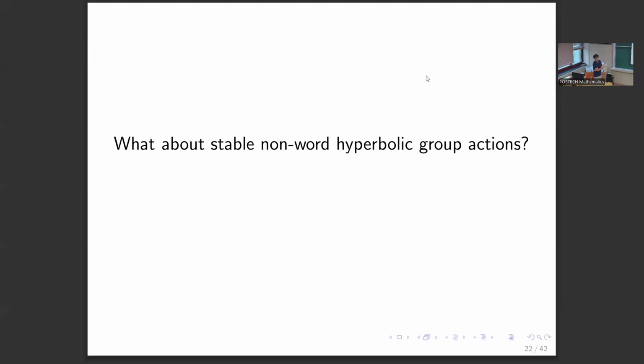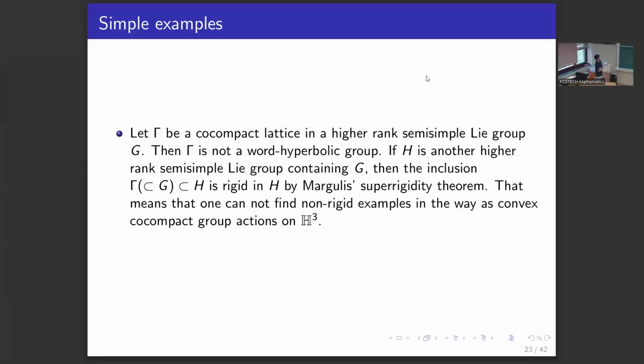Let's extend this story from the word hyperbolic group to the non-word hyperbolic. But this is not easy because, as I told you, a non-word hyperbolic group does not have a well-defined boundary, or it has a totally different geometry from negative curve geometry and so on. So this is an ongoing project in stability theory.